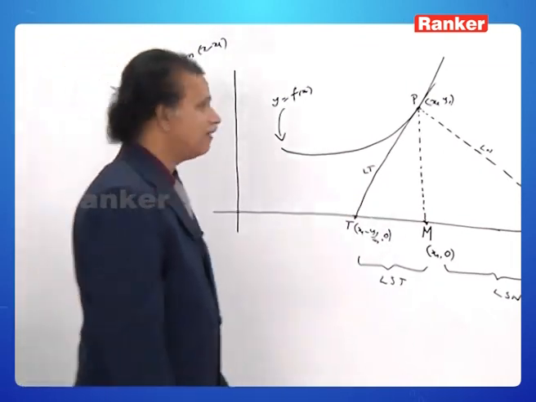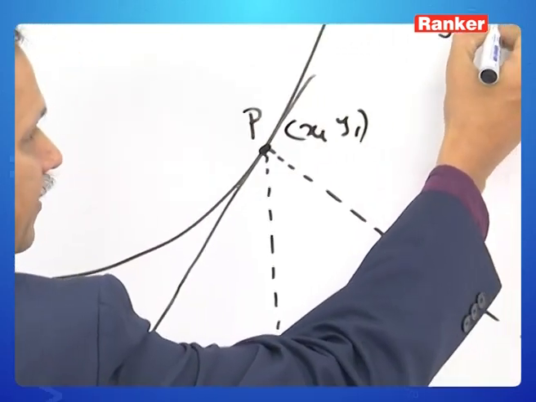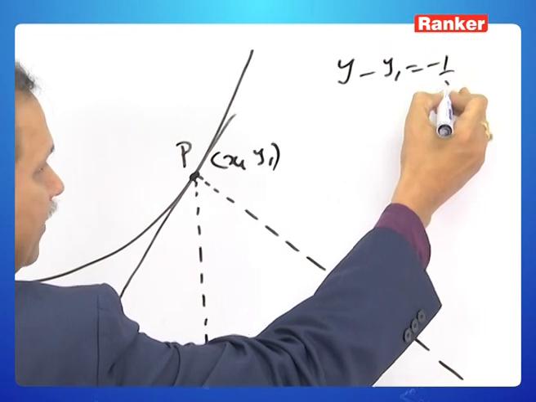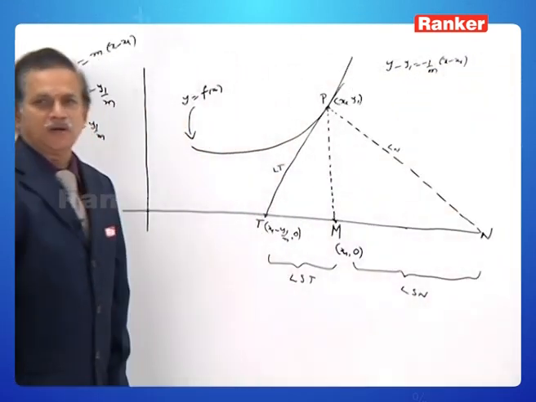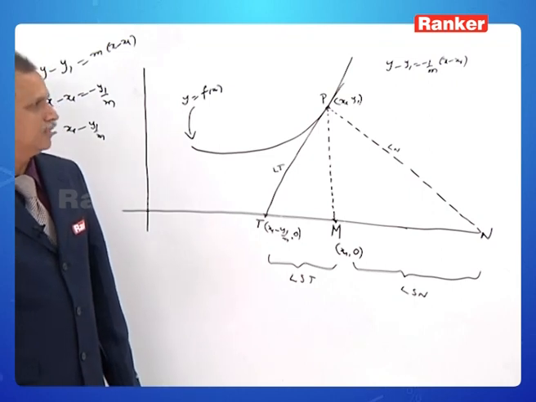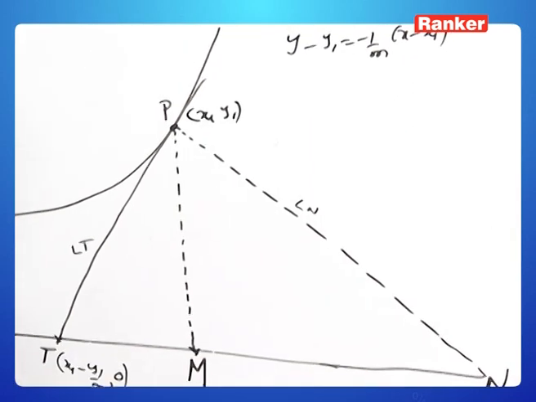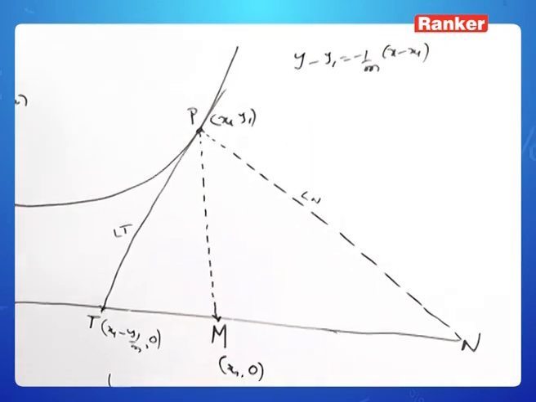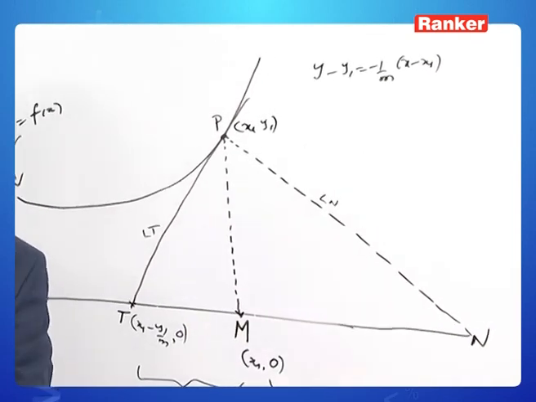Exactly in this way, can we obtain N? Why not? Look here. What is the equation of the normal? Y minus y1 is equal to minus 1 by m into x minus x1. From that, our purpose is to know N. How can you get it?